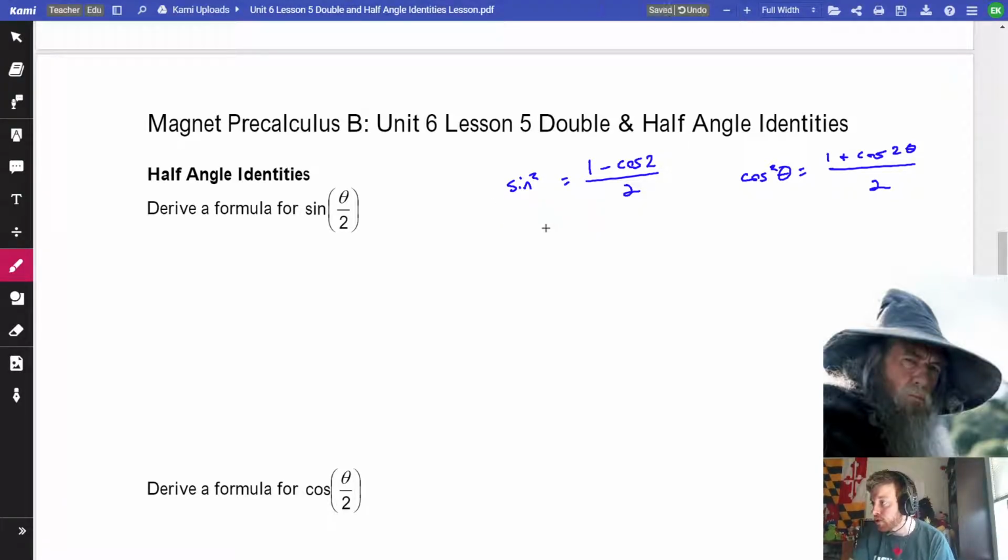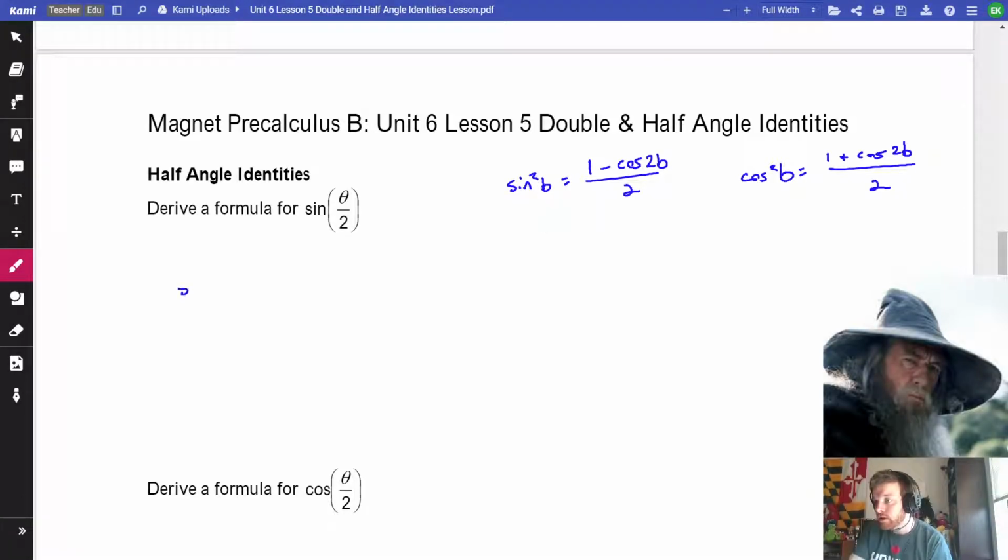I'm actually going to, really quick, change my argument over here to, let's go with b. Very arbitrary. Sine squared b is equal to 1 minus cosine 2b over 2. Cosine squared b is equal to 1 plus cosine 2b over 2. What I'm going to do is replace b with theta over 2.